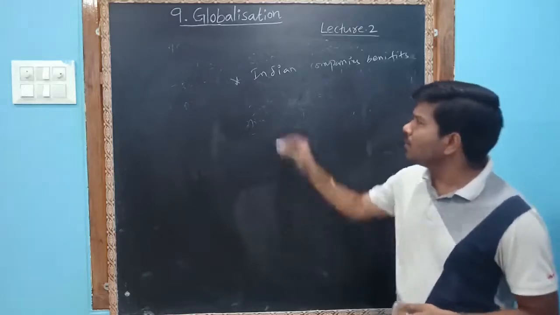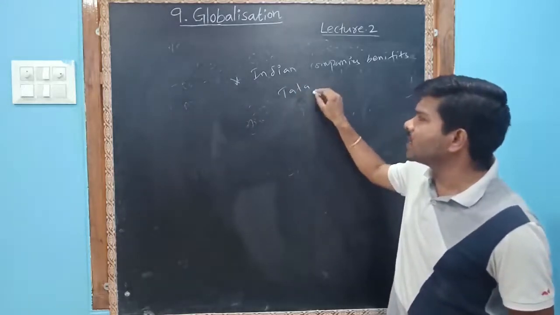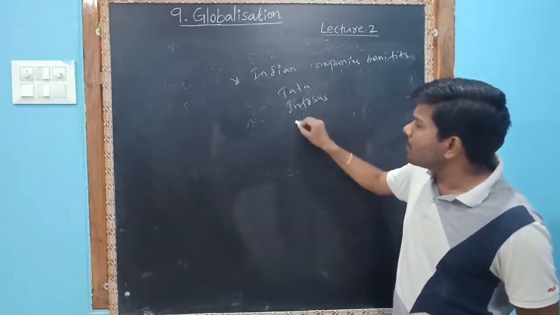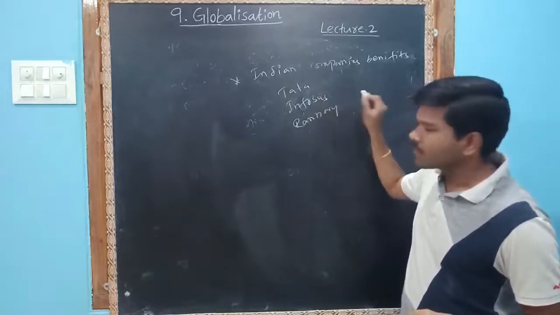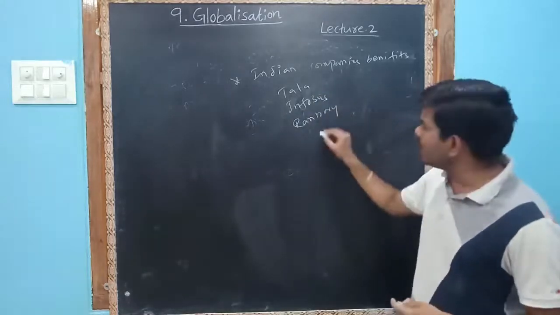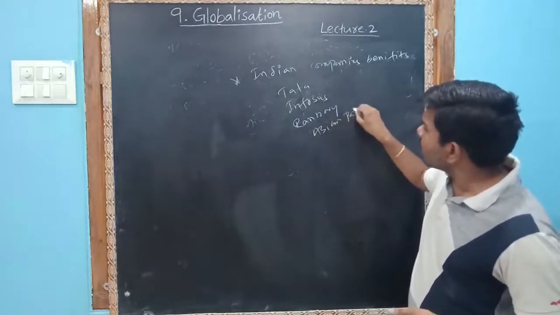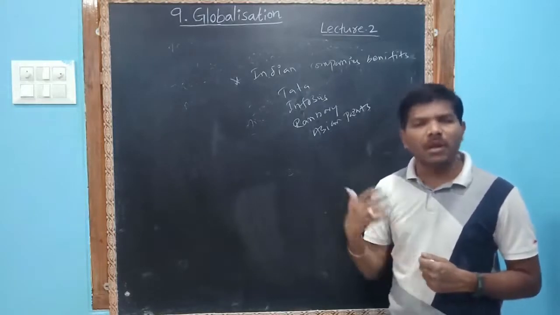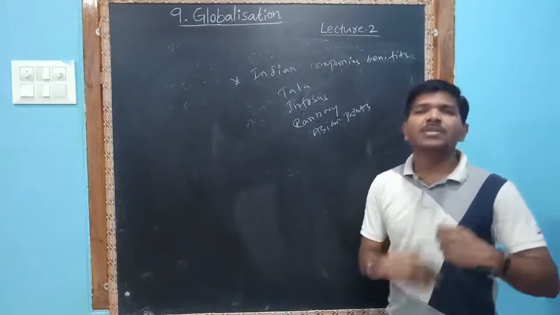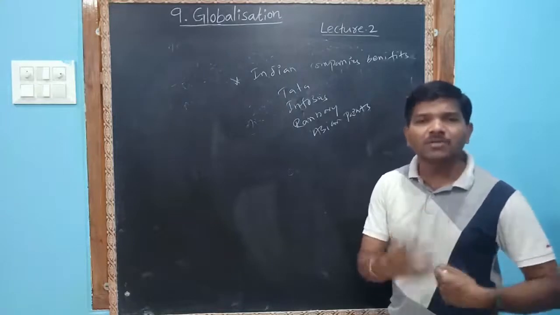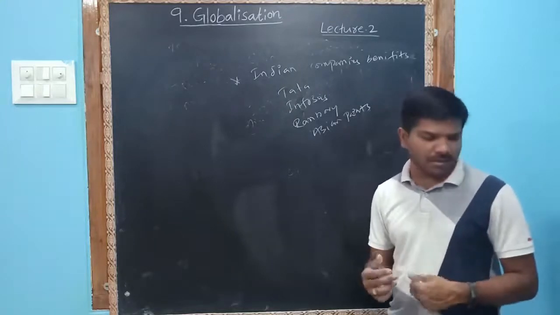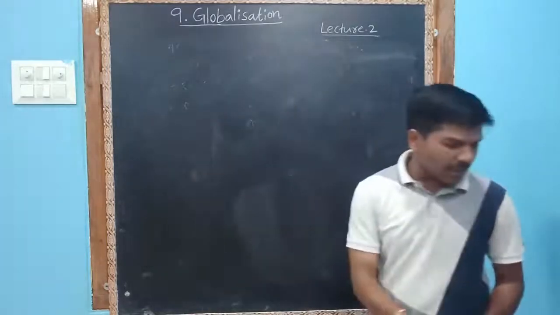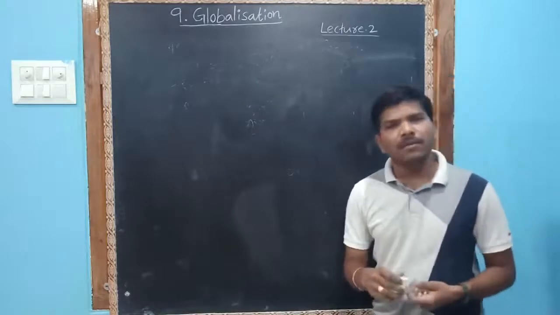For example, certain companies faced stiff competition: Tata company, Infosys company, Ranbaxy company, Asian Paints company. These are worldwide very famous companies because they faced very stiff competition from other world products. They survived because they updated their technology. Their products were updated. They have done a lot of things. So this is how our Indian companies will also be benefited. Let us see once again. We'll go back to the example.